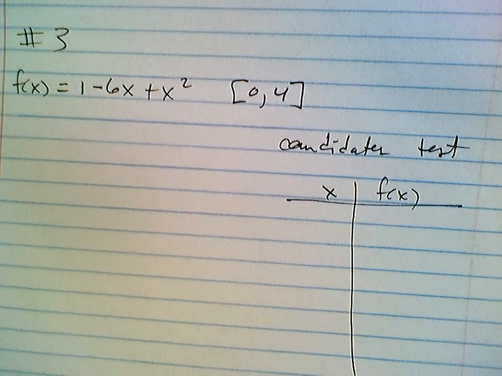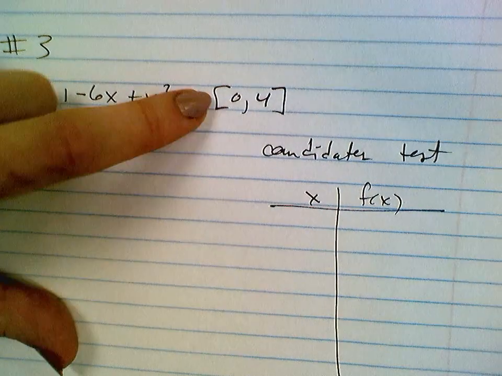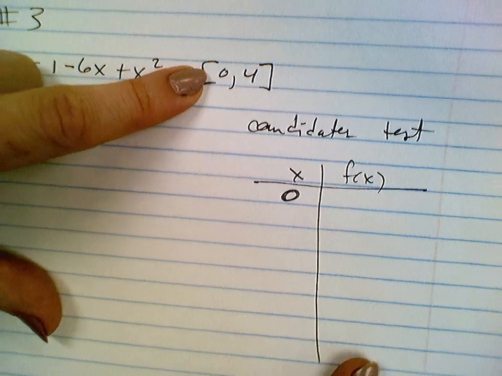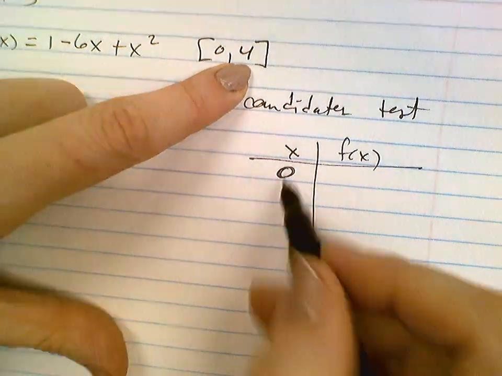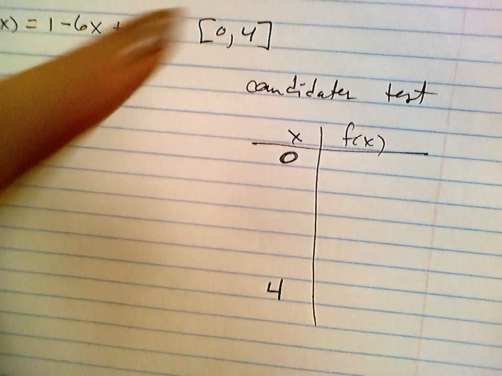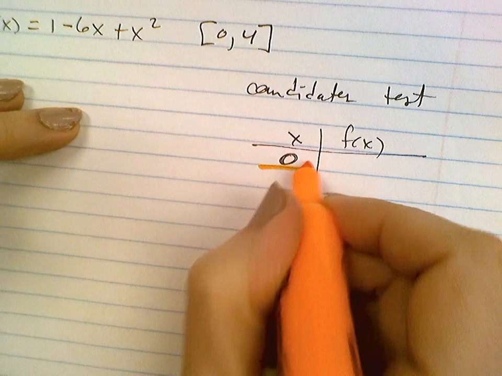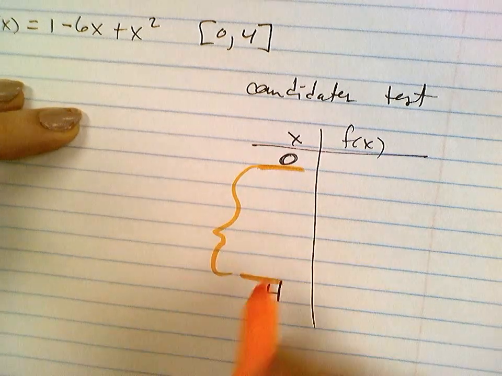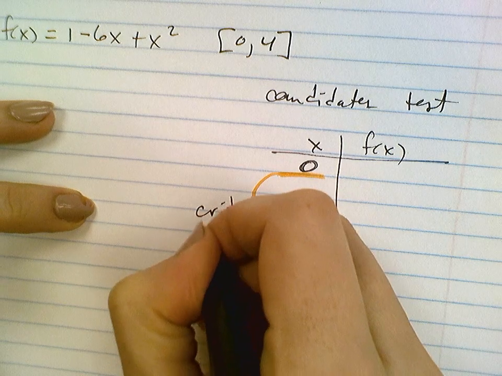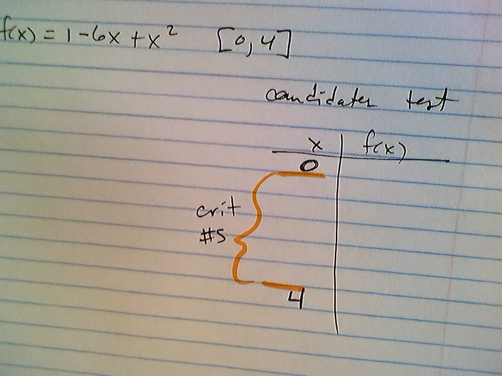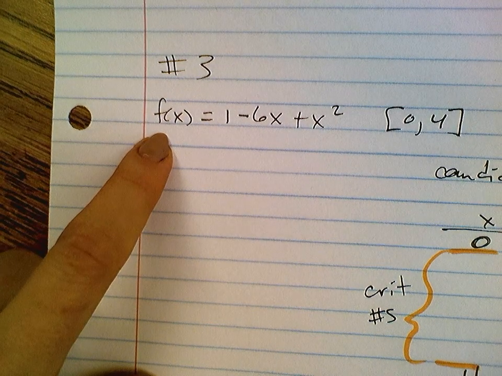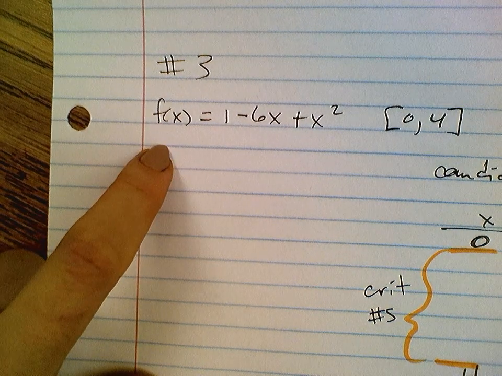You're going to put the first endpoint up here, and then the last endpoint. You don't have to do it in this order. In between them, I'm just giving you a visual, you put the critical numbers, which are where f prime is 0 or undefined.